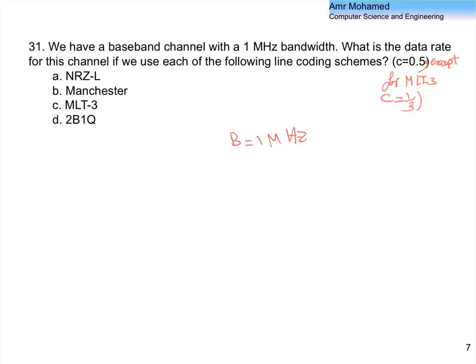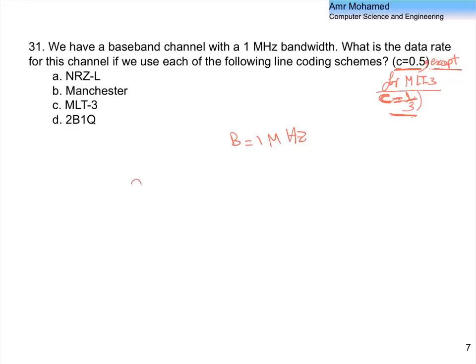Assume that the case factor is 0.5 except for MLT-3, so use a case factor of 1/3. This is to match the value of C in the table, and remember we talked about that in class, that the case factor for MLT-3 is less than half by design.